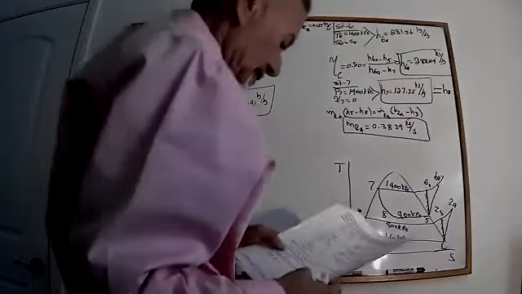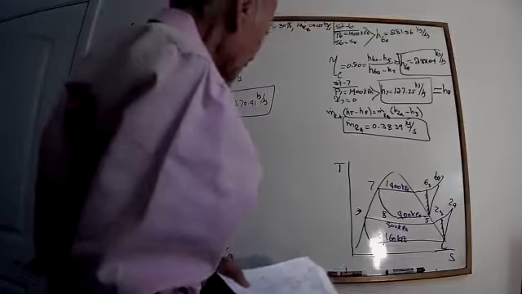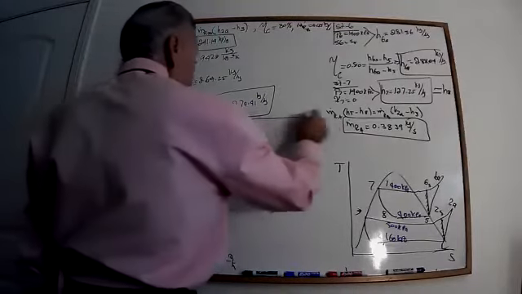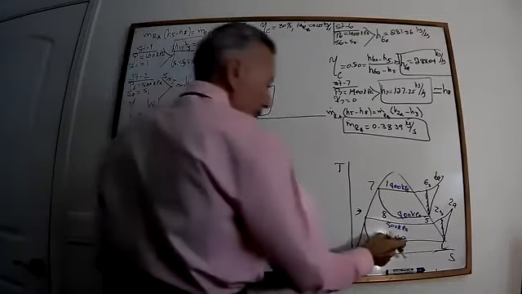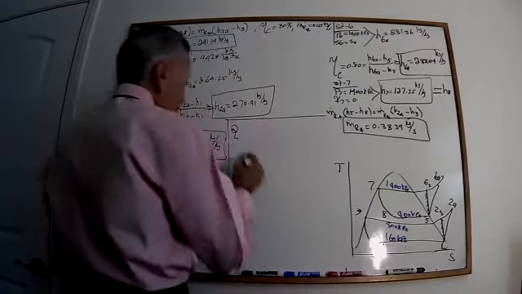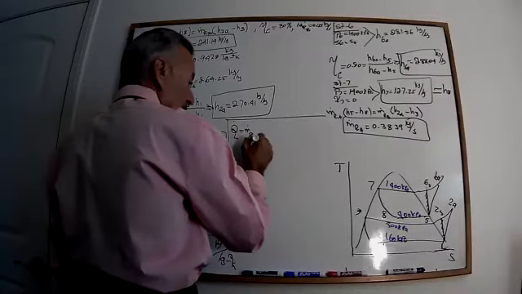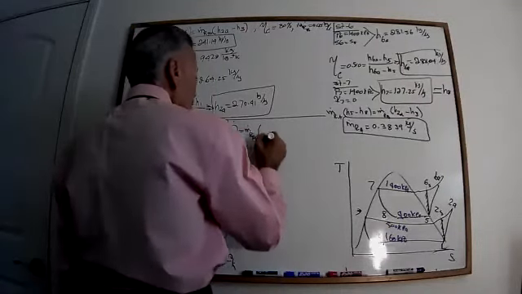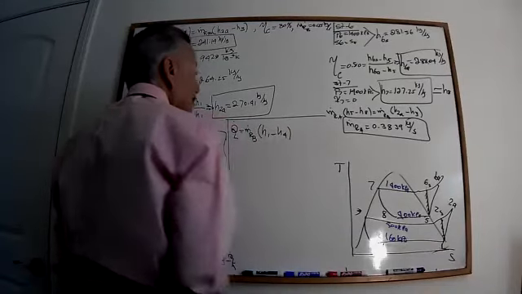Now I have the masses, so very simply I can find QL and the work in. Now QL, I have only one down here. QL is equal to mass of refrigerant, so I call it B, times H1 minus H4.